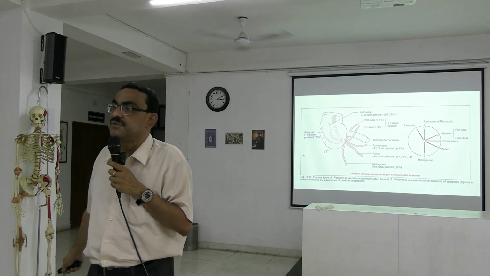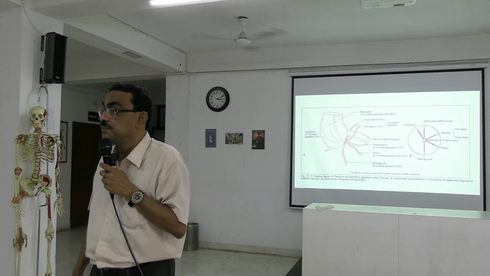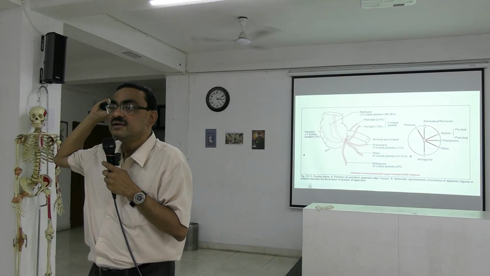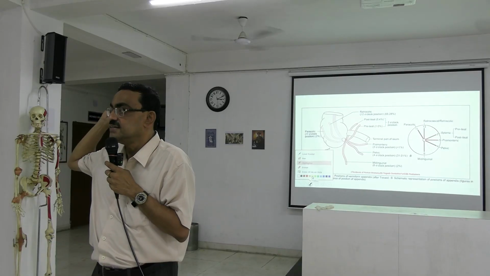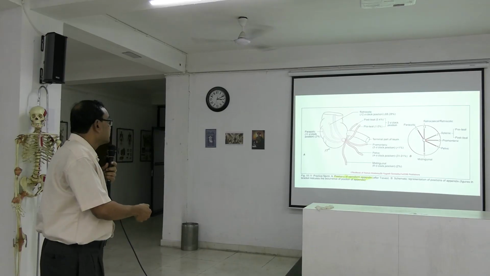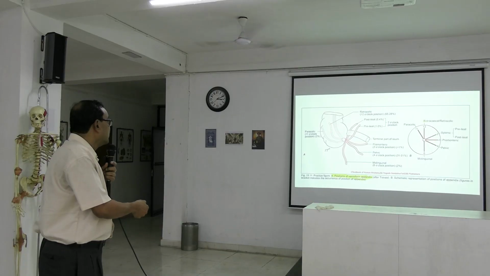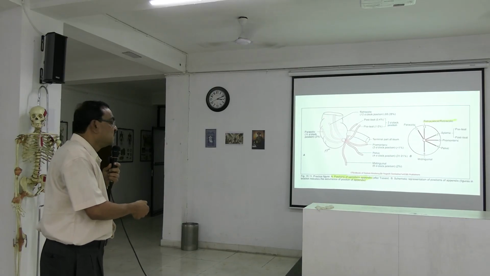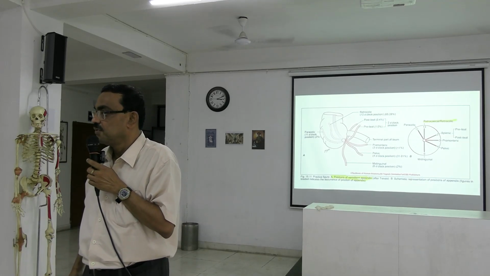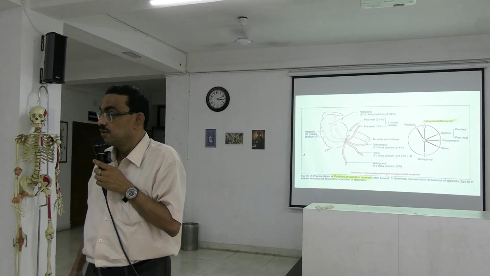We must know the different positions of the appendix, because when we perform surgery, we must keep an idea in our mind. We can find the appendix in these regions. Either we can find it in the 12 o'clock position, behind the cecum, which is called the retrocolic position, which is the most common position.